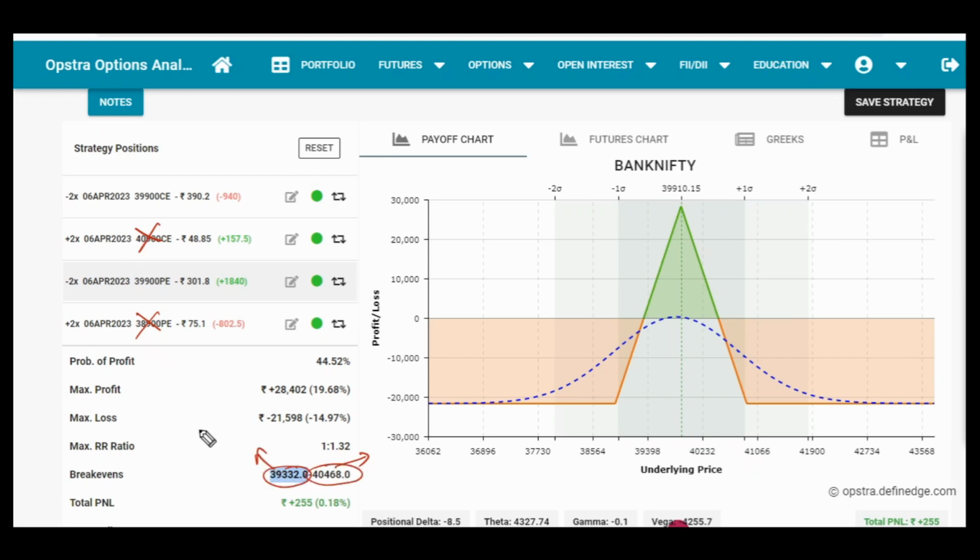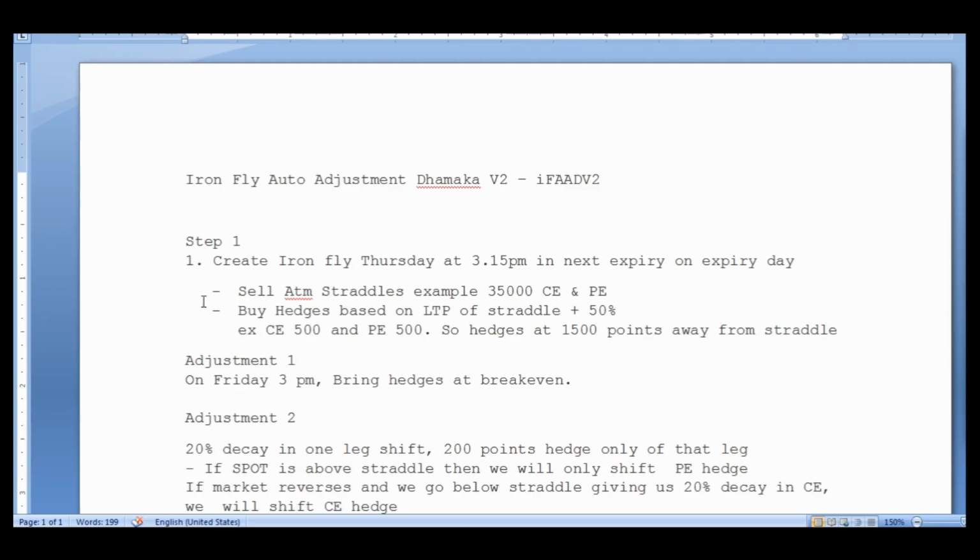So we will buy the 39,300 put and the 40,500 call tomorrow at 2 p.m., and after we buy these, we will exit both the previous hedges. Otherwise a margin penalty will occur, you already know. So we need to first buy and then exit the previous ones. So that is the first adjustment as we talked about here: on Friday or the next day, bring hedges to break-even.